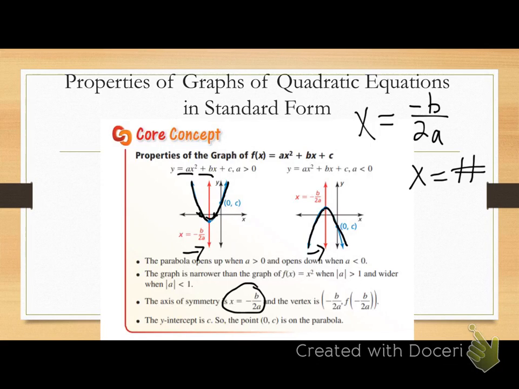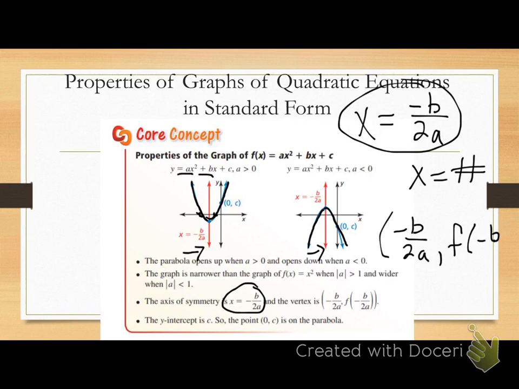In order to graph my quadratic equations, I first want to find my axis of symmetry using this formula. I also want to find my vertex. My vertex is the point opposite of B over 2A. That's my x value, and that's my axis of symmetry also. My y value is f of opposite of B over 2A.